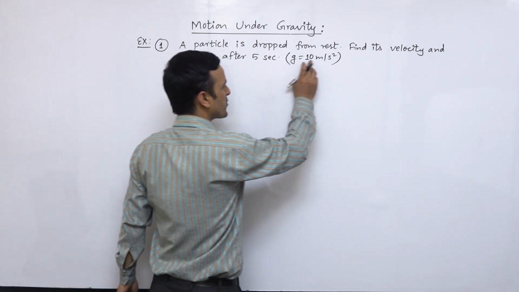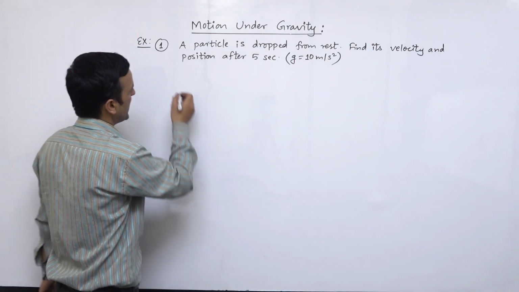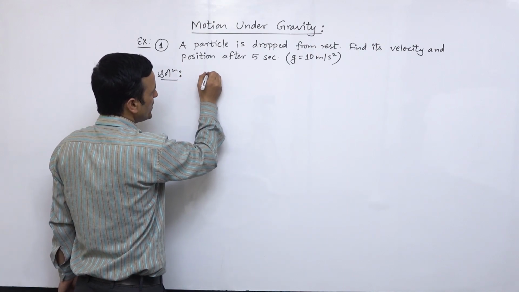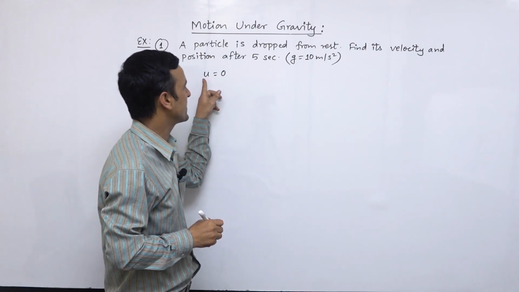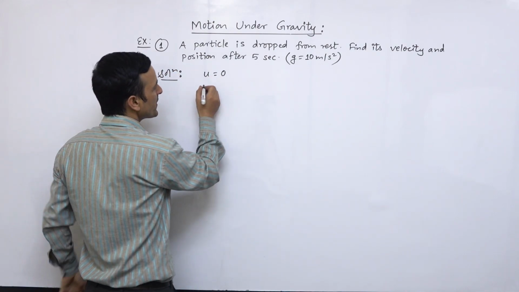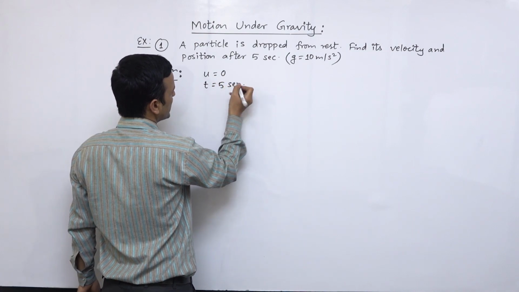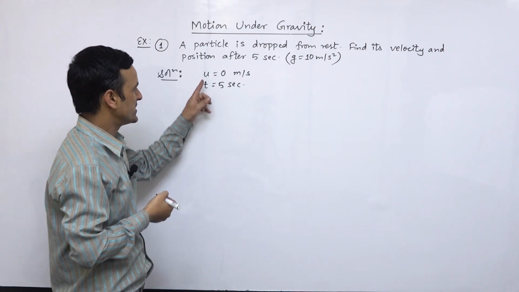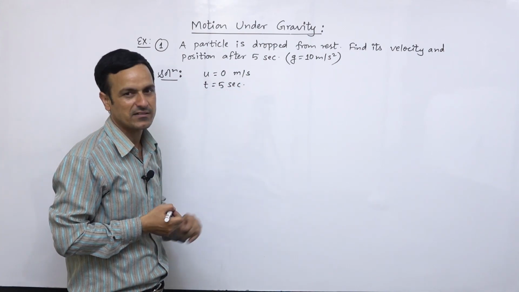And g is provided over here, g = 10 m/s². So for this, we can take u = 0. From rest means always initial velocity is 0. Time is also given, 5 seconds. And the unit of initial velocity, SI unit, is meter per second.